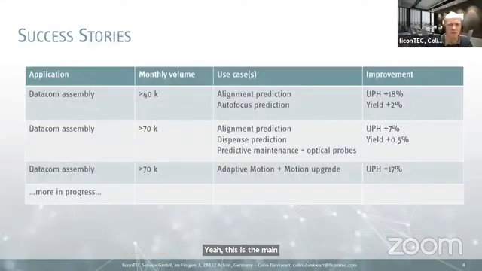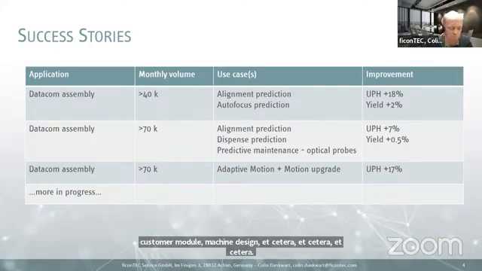So just some cases of what we did in the past for some of our customers, mostly in datacom assembly, where we have different use cases. Depending on the use case and the actual customer module, machine design, et cetera, there's different numbers you can reach.